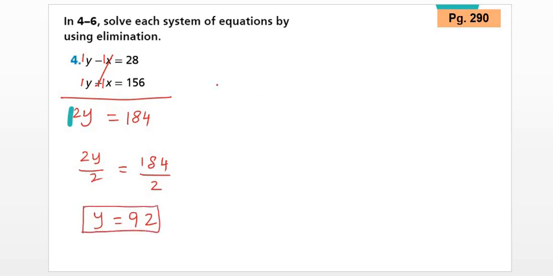What do we have to do in step 2? We have to substitute this value into any of the equations given in the question. I'll go with the second one, y plus x equals 156. Maybe some of you will be wondering why I chose the second equation. By the way, you can choose any of these, because I think somehow it's easy to deal with the positive signs.